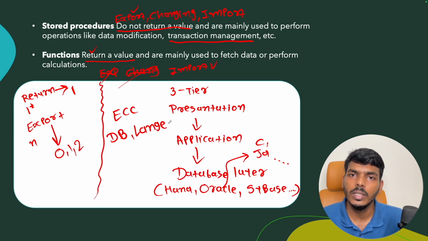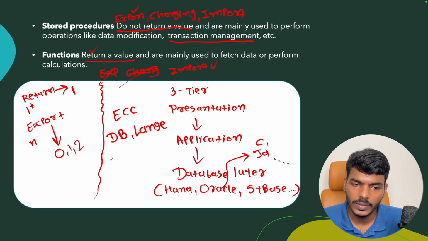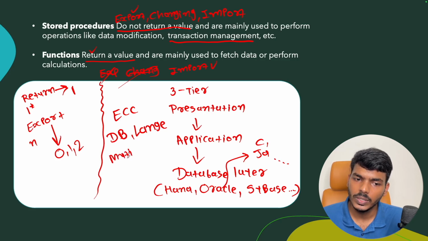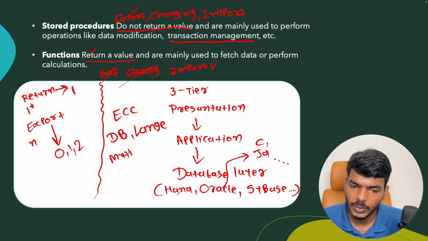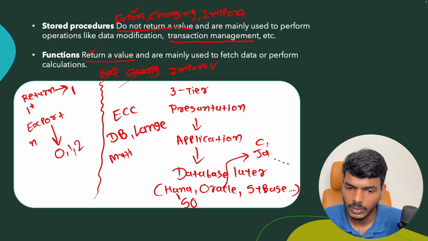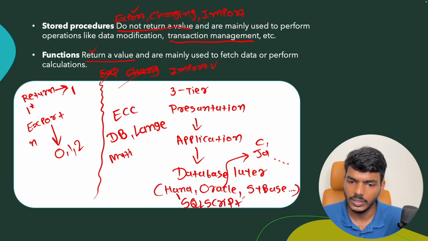But SAP currently works with HANA database. AMDP only works with HANA database. Originally, they designed AMDP to work with multiple databases, but as of now, it only works with HANA database, and HANA database uses SQL script. So it is designed, but it is not used.